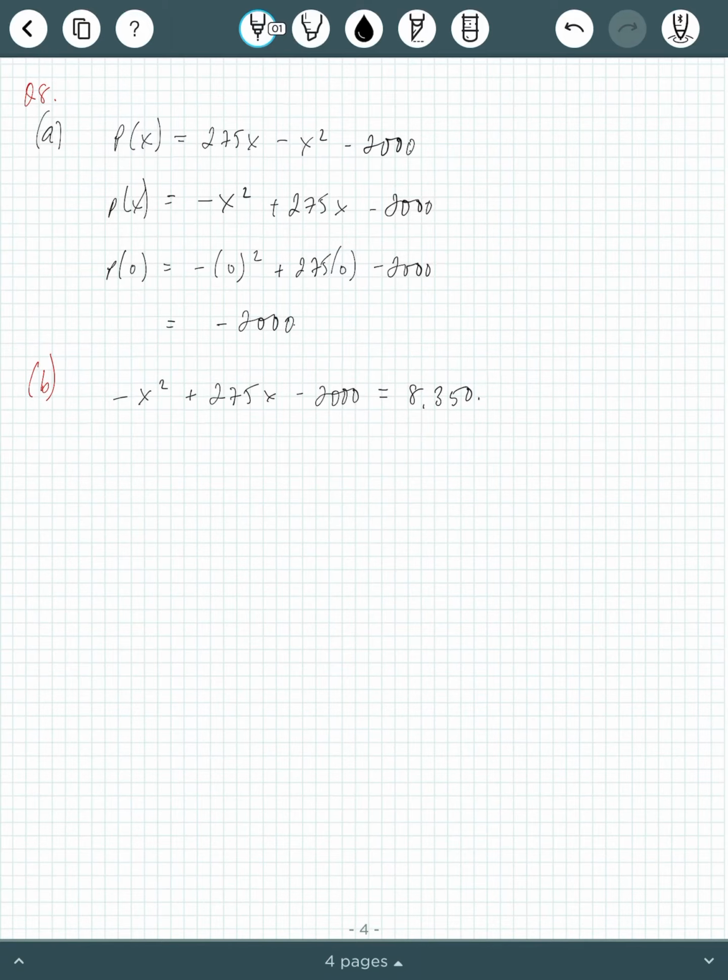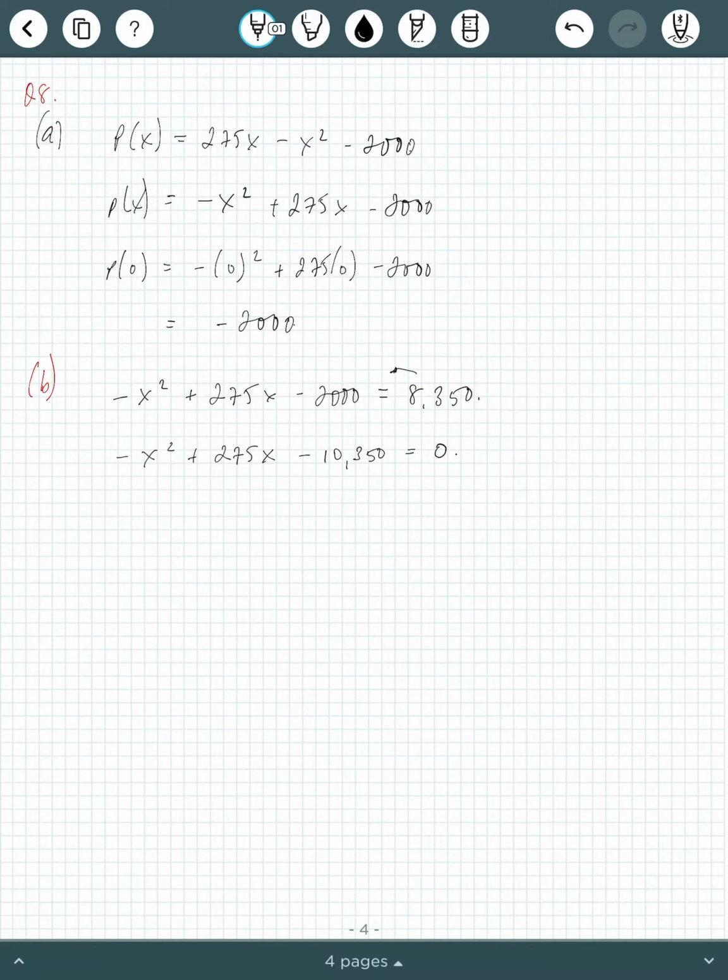So we need to solve for this. If we bring that over, it becomes a minus. So you get minus x squared plus 275x, and bring that over, you're going to get minus 10,350 euro equal to 0.